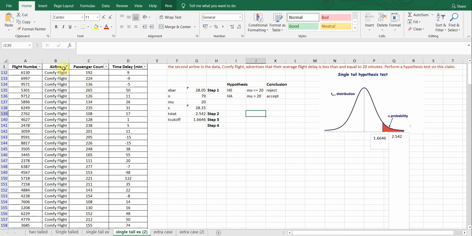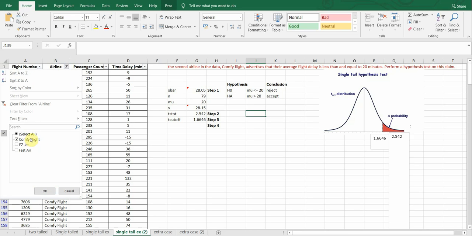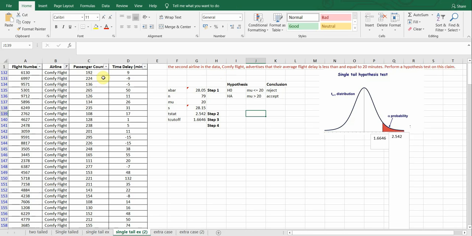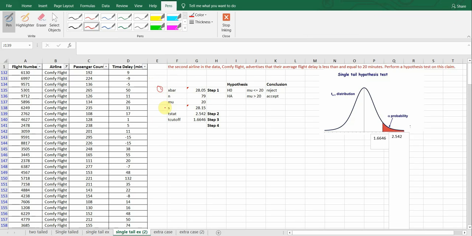Now if you see, the airline data has three sets of flights: Comfyflight, EasyJet, and FastAir. Since we are only interested in Comfyflight, we have selected the Comfyflight data, and now we have to calculate a few values like the X bar and the standard deviation, and we also need to know the N value, how many records we have for Comfyflight.